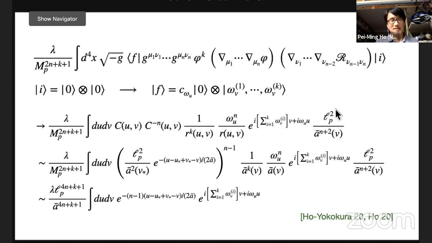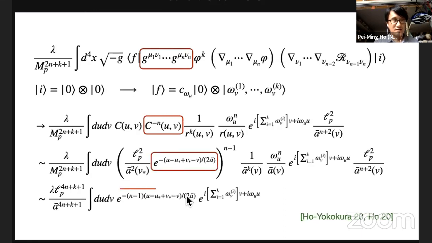But as long as that power is a finite power, you can always easily compensate it by going to a deeper region in the near horizon region, over the scrambling scale. So these exponential factors tell you that you can get large transition amplitudes.